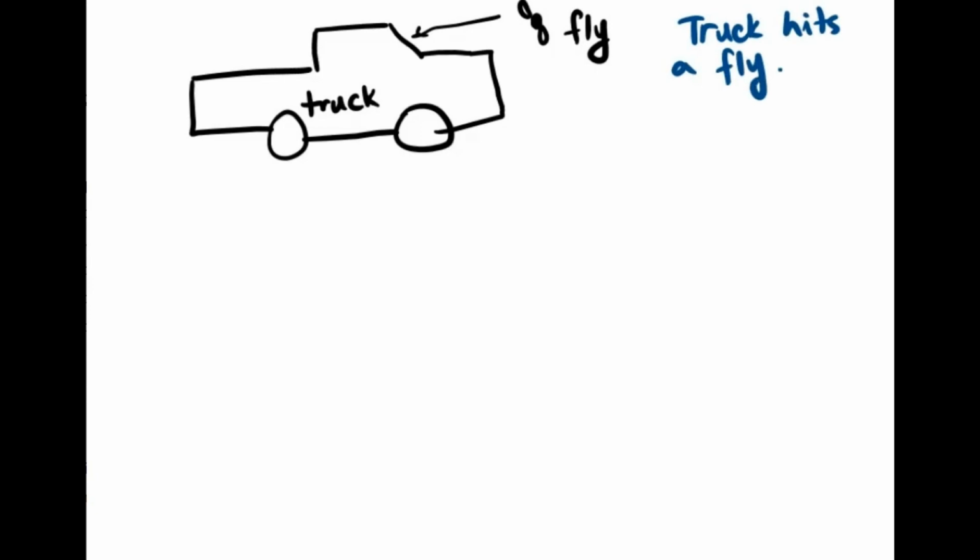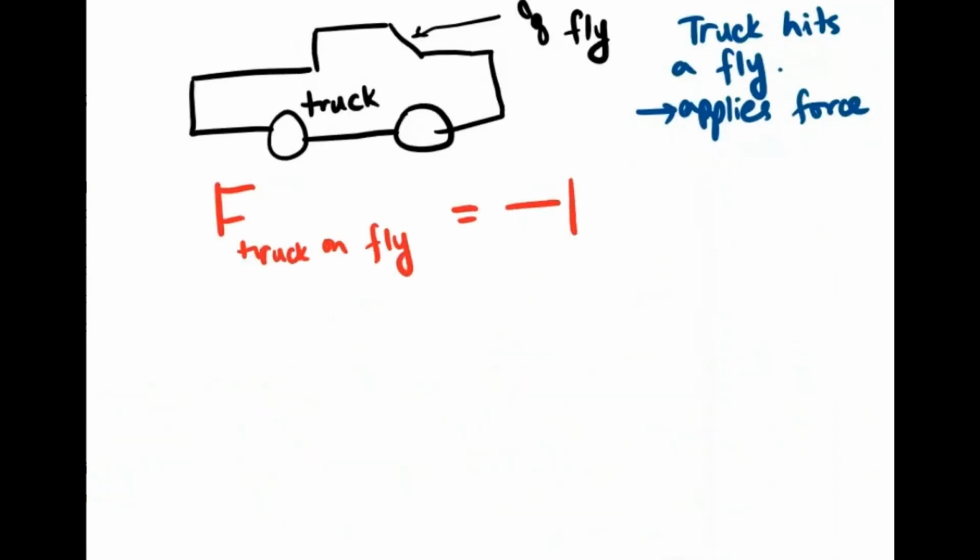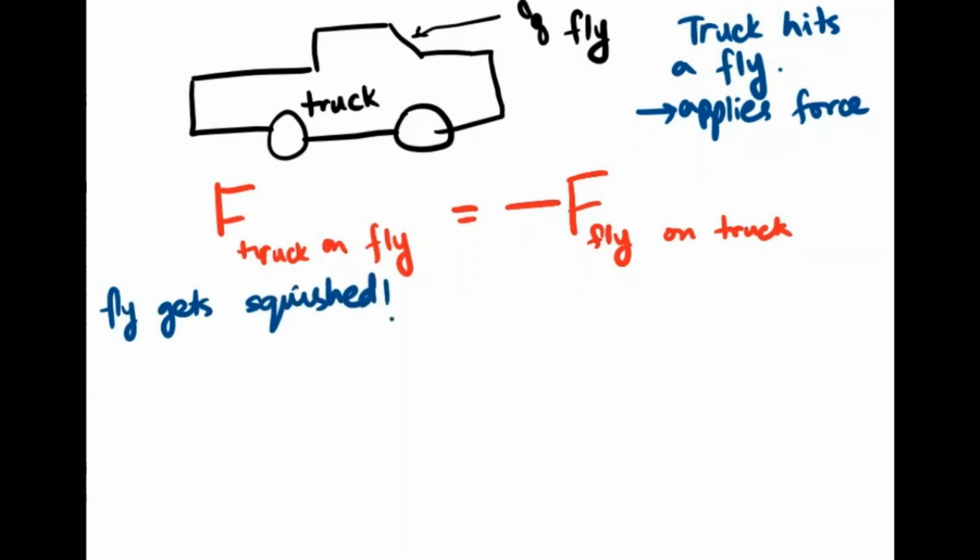According to Newton's third law, the force of the truck on the fly is going to be the same as the force of the fly on the truck, but in the opposite direction. Now it seems counterintuitive that the fly is going to feel a force and get squished, but the truck is going to act like it didn't feel a force, but it did.